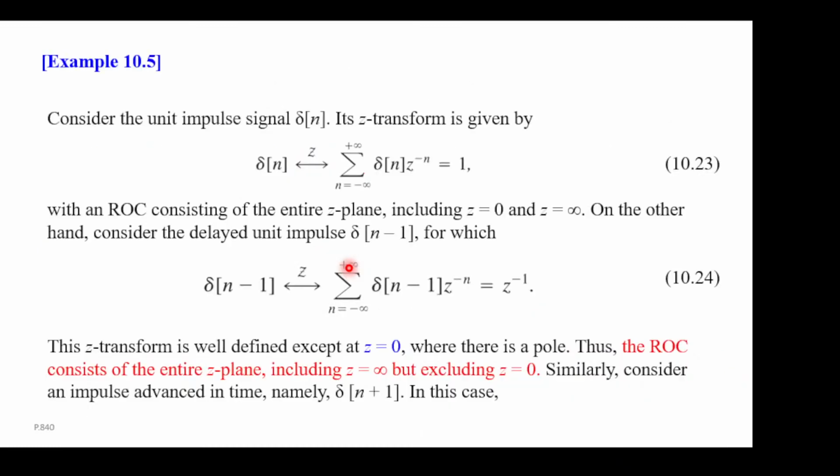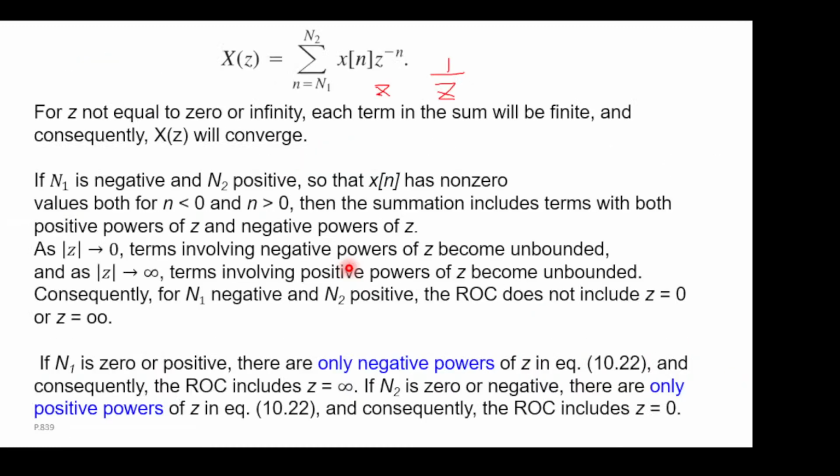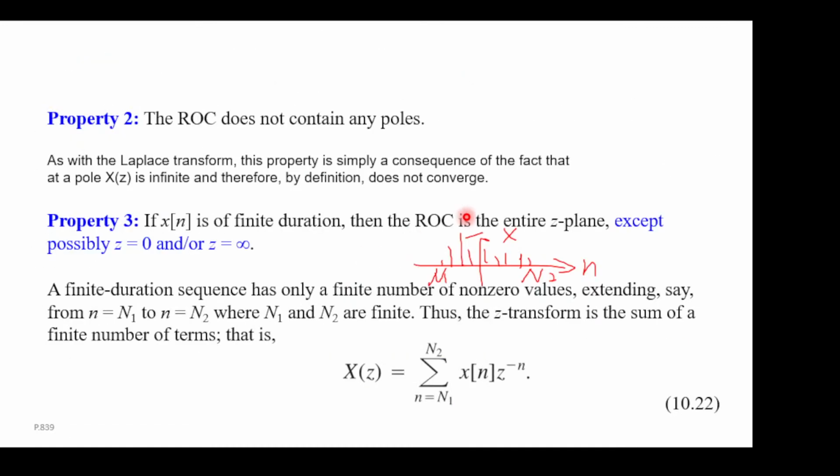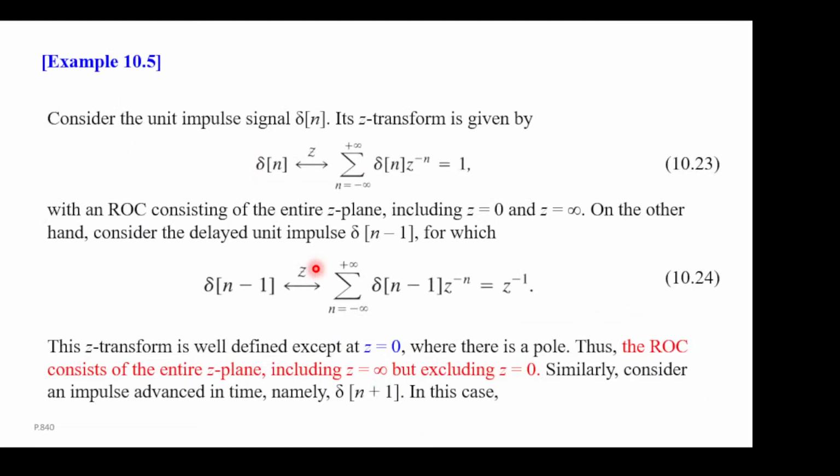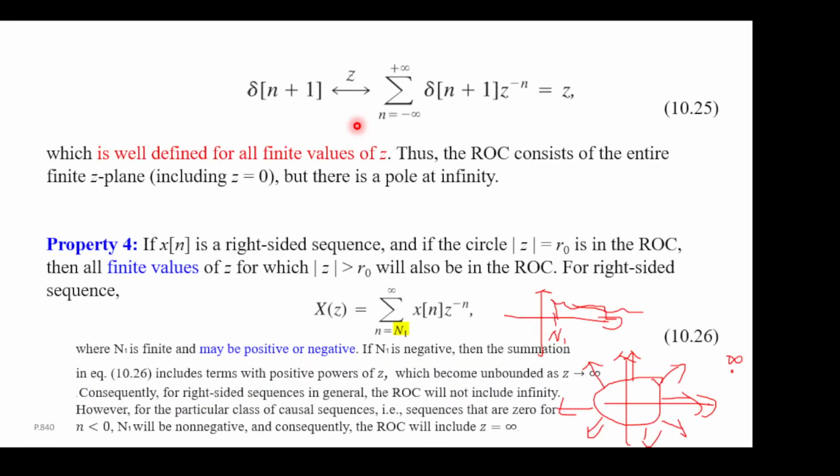Following the Laplace transform trick, we have that for this finite duration function, its ROC is the entire plane, except z equals 0 or z infinity. The next one we go to is the right-sided sequence, and just like before, a right-sided sequence starts from some n1.